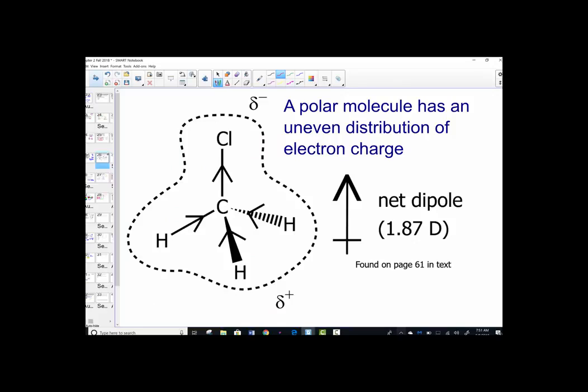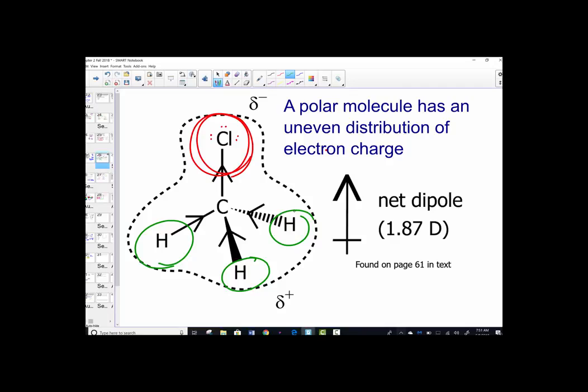So let me give you an example. On page 61 of your text, you're given a picture where it shows us chloromethane. See the carbon, the hydrogens coming off, and then the electrons being pulled to the very electronegative element of chlorine. So in a picture, this region would be highly red, more electronegative, and these regions would be in the blue-green range of electron distribution.